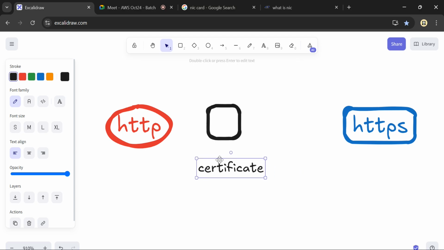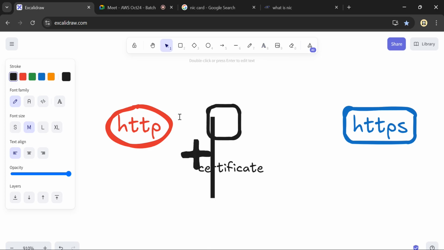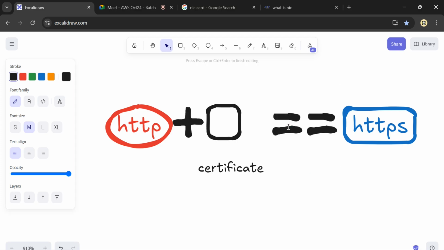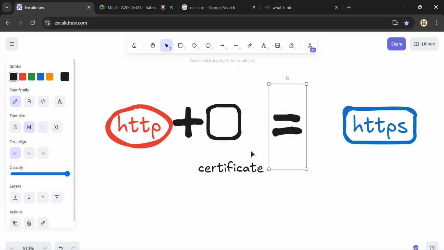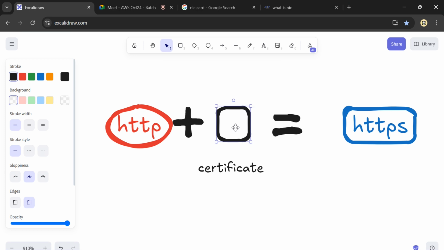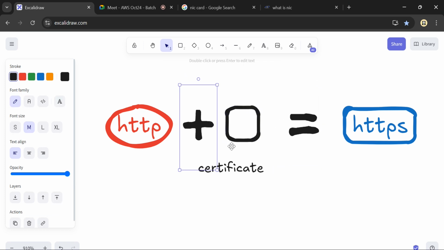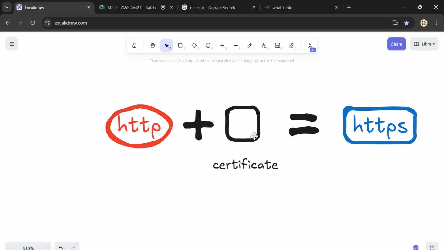Okay, so HTTP plus a certificate is equal to HTTPS in simple words. So when you provide a certificate on top of HTTP, then your website will become HTTPS.